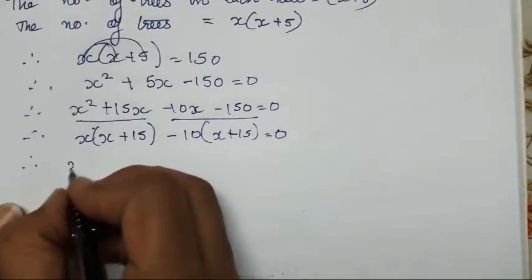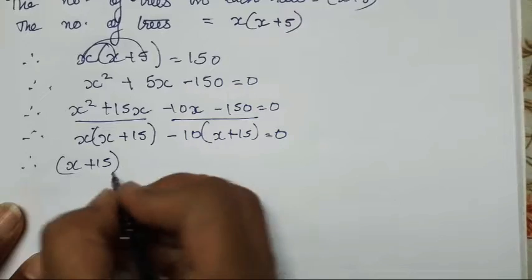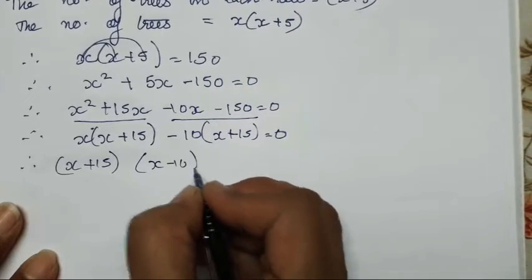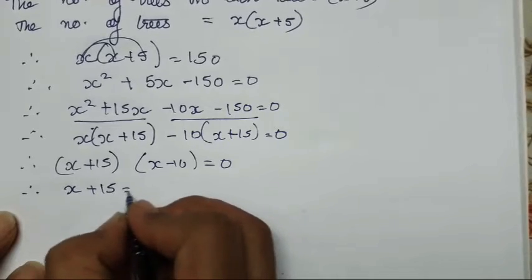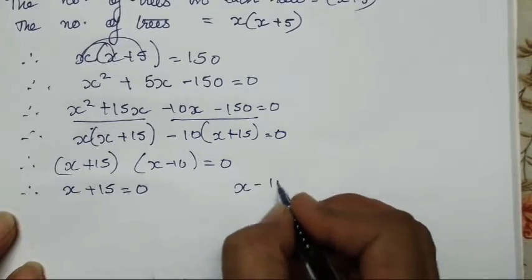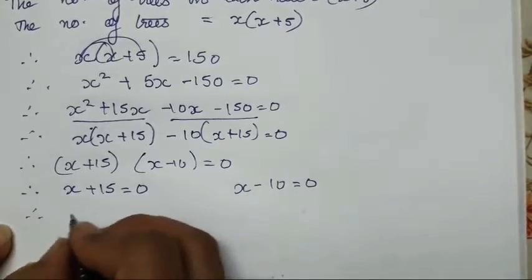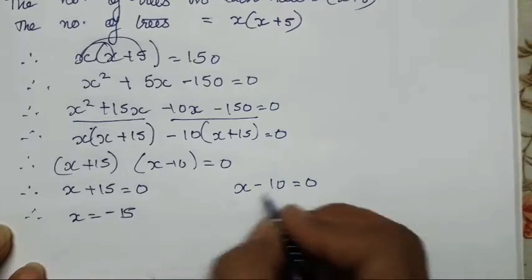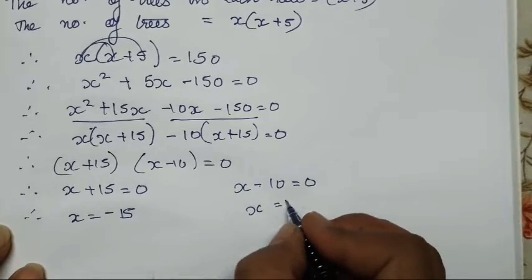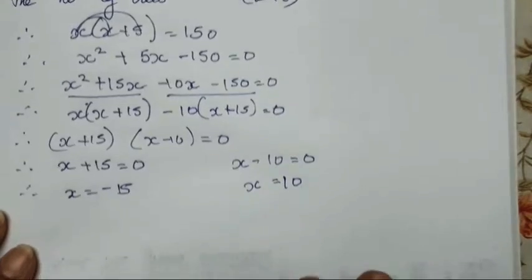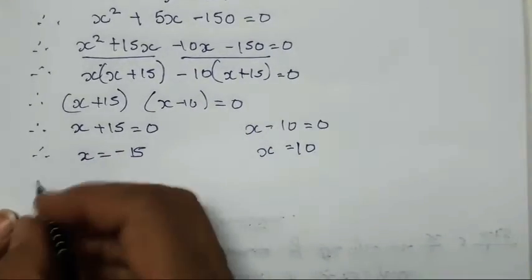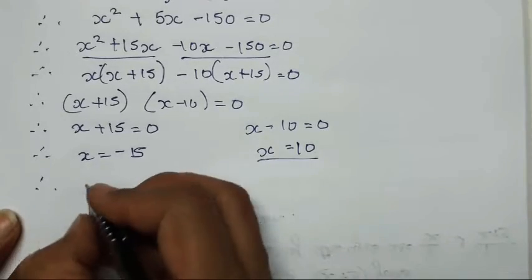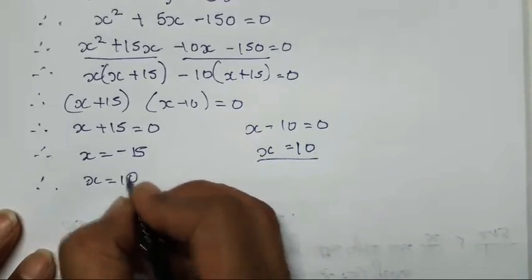So therefore x plus 15 and x minus 10 is supposed to be 0. Therefore x plus 15 is going to be 0 and x minus 10 is going to be 0. This will be in minus now and this will change to plus. So as I said, we don't consider the negative sign for the answer. Therefore this is going to be the answer, that is x is equal to 10.